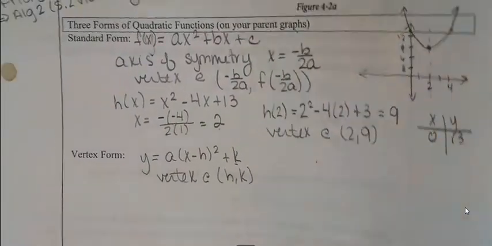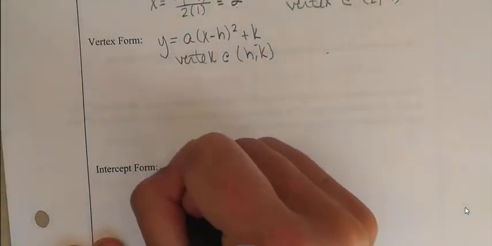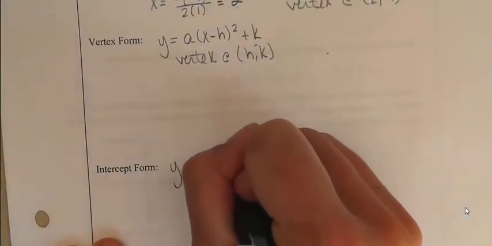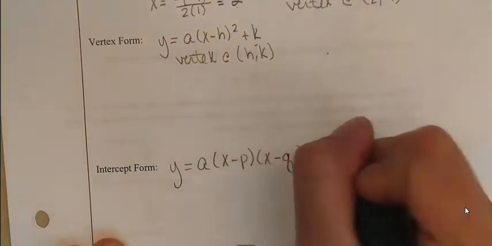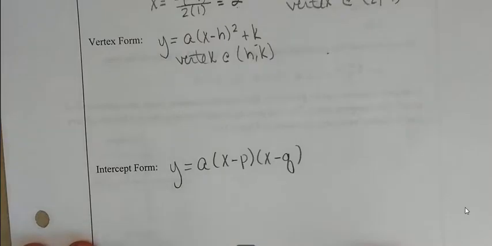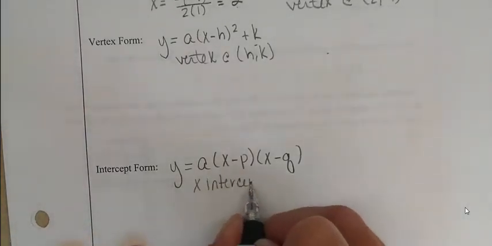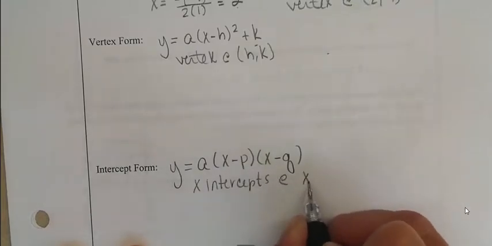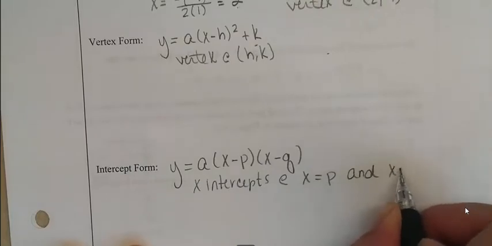And then the last form is your intercept form, using p and q just arbitrarily there. So you have your x-intercepts at x equals p and x equals q.